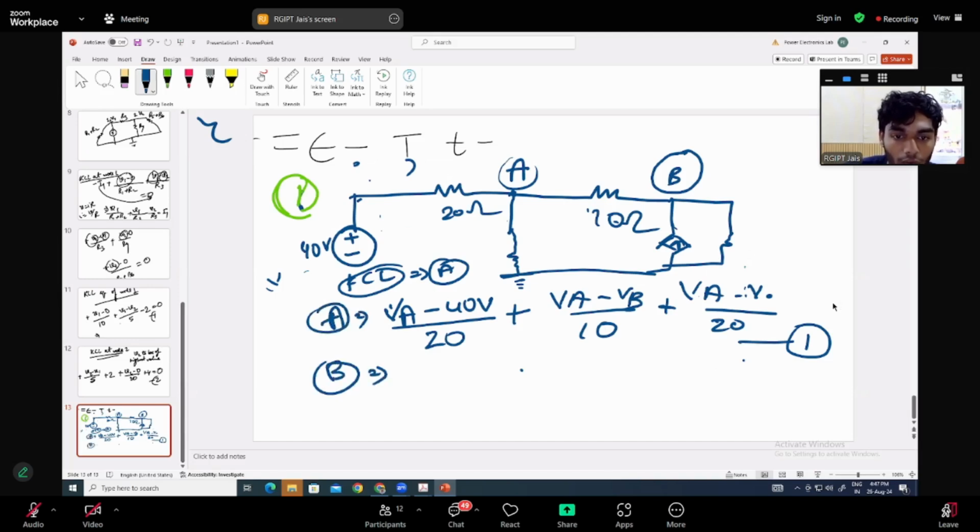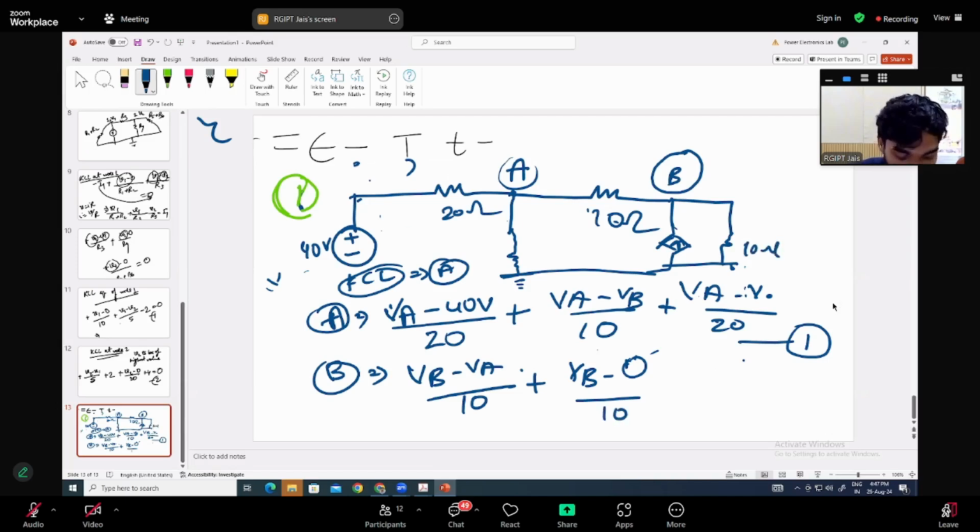And for node B, we have to apply the same. That is VB minus VA divided by 10, plus VB minus, you have to go this side. Here it is grounded, right? So VB minus 0 divided by this resistance value, 10 ohm again, plus for this current source we have 4Ix.